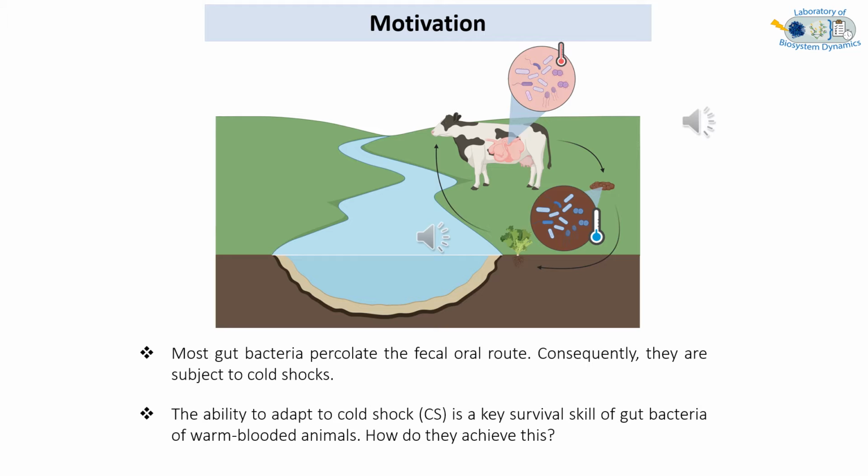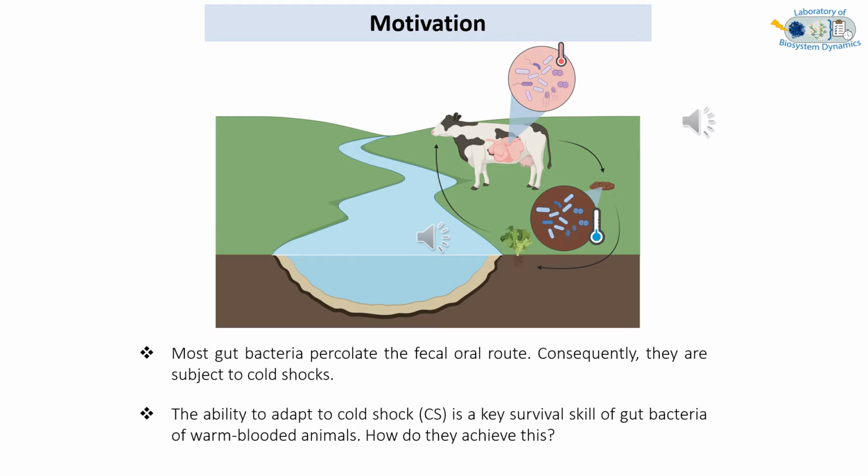For example, a gut bacterium's standard cycle starts in the stomach of a mammal like a cow, and then the cow at some point defecates and some of the bacteria pass to the soil, where it can get very, very cold. So this must be survived if it's to enter, for example, a plant and then be once again ingested by the cow, thus returning to the stomach.